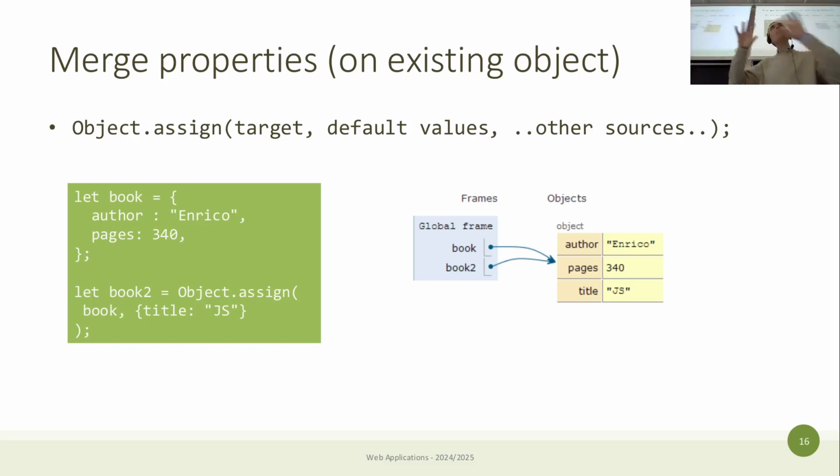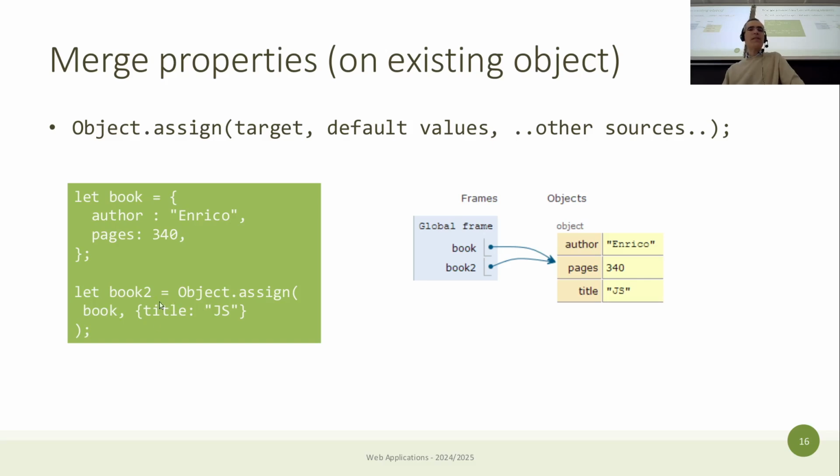Again, we are showing programming patterns that are convenient for purposes that we will show later in the course. If you would like a new object with some default values, and in case there's an object that has a value for the same property as the default one, you take the new value and not the default one, with just a single expression.